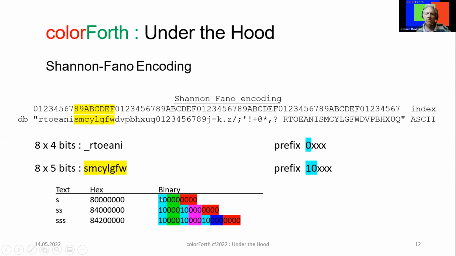When the system sees that, it says it's a 5-bit token, so I'll use up the first 2 of those bits because that's the prefix to know which type of token it is. And then you get zeros. And then the red ones here at the end are the 4-bit token, which is one of the initial ones, represented by an underscore here, which is a kind of null.